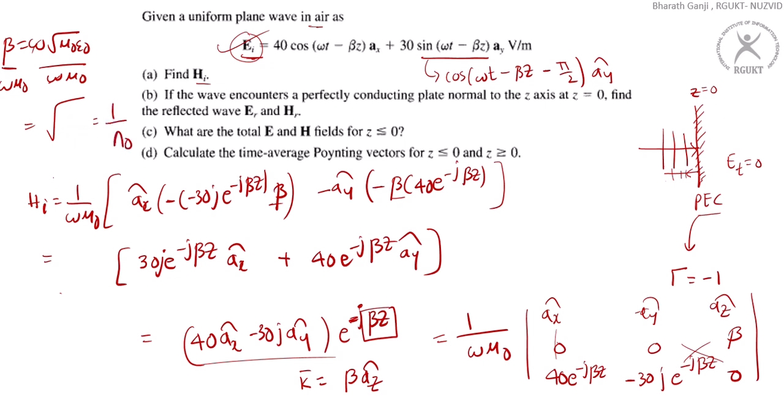So I can replace this with 1 by eta naught. This is your expression for magnetic field. If you know the value of eta naught, you can substitute it there and get the answer.